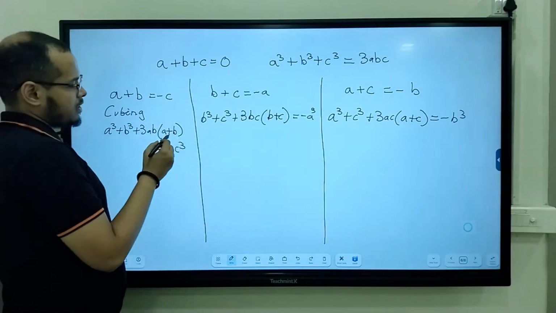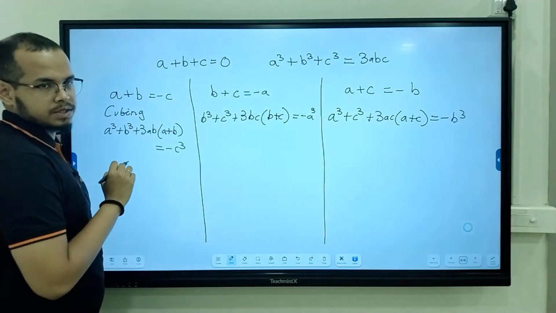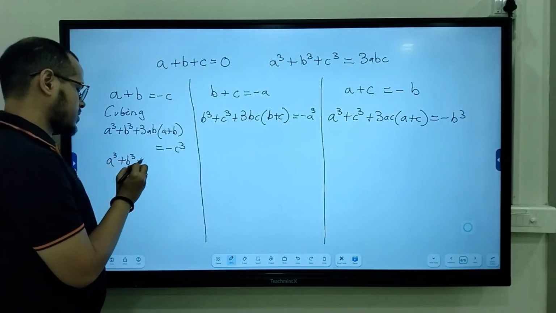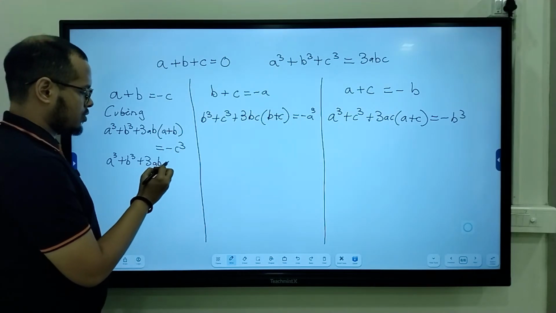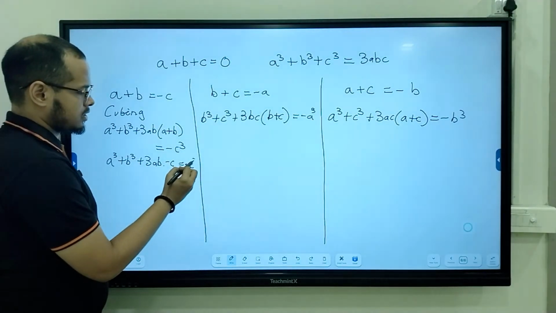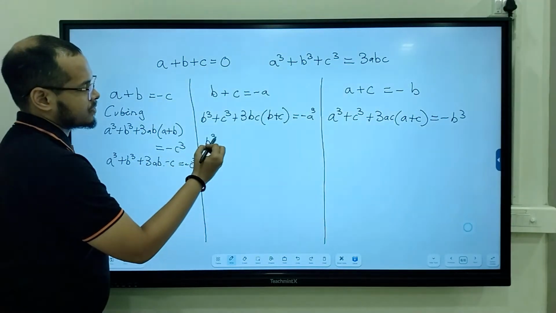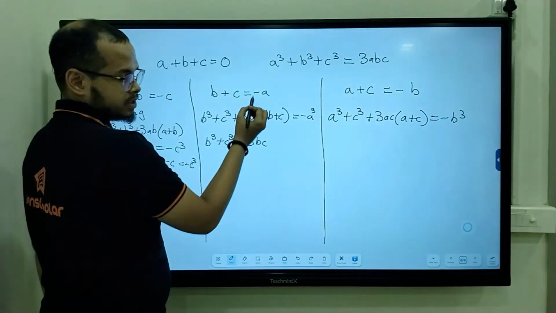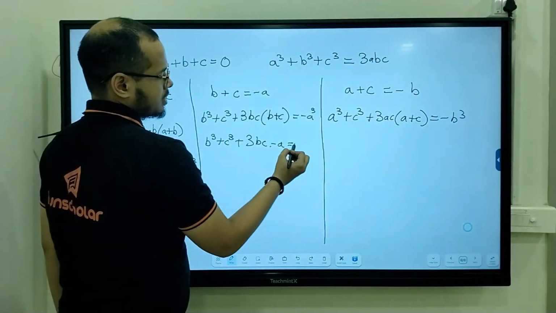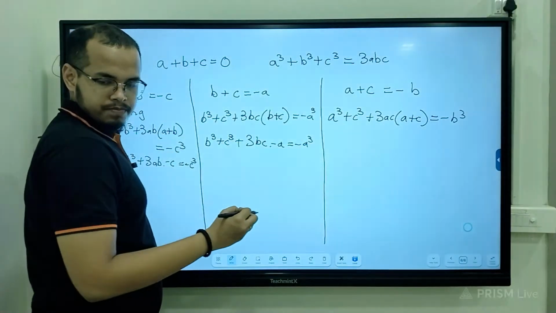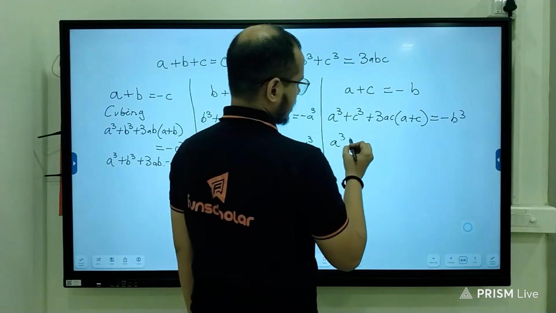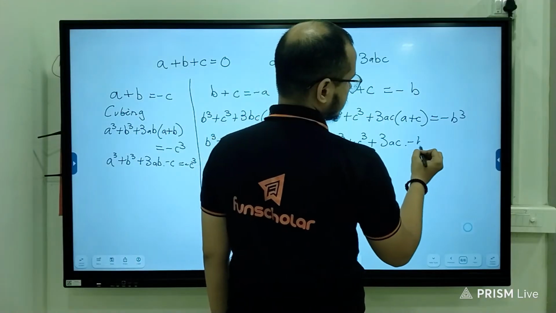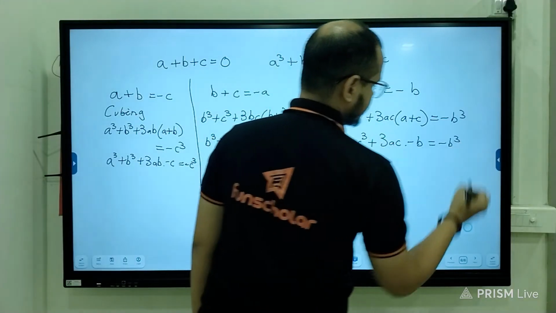Now in the first instance a plus b is nothing but minus c, right? So a cube plus b cube plus 3ab into minus c is going to give us minus c cube. Second one, b cube plus c cube plus 3bc, b plus c is equal to minus a, so it is equal to minus a cube. For the last one, a cube plus c cube plus 3ac, this will be minus b, is equal to minus b cube.